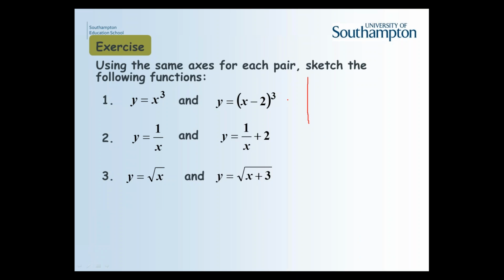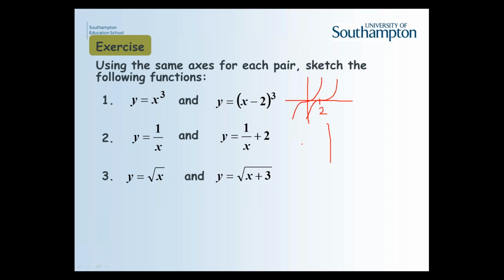Yeah, so basically we drew the y is equal to x cubed one earlier. And then I've just got it moving along to the right by 2, basically. Yeah, good.